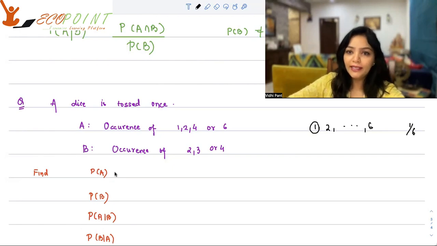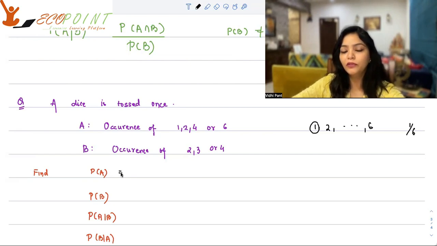What is probability A? What is probability B? What is the conditional probability of A on B? B on A, both. So probability A, that means what is the probability of occurrence of 1, 2, 4 or 6? Okay, so these are 4 values. Any one of them could come, either or is the situation.